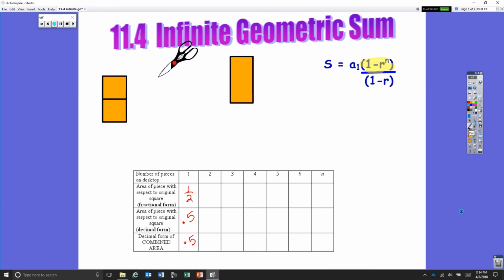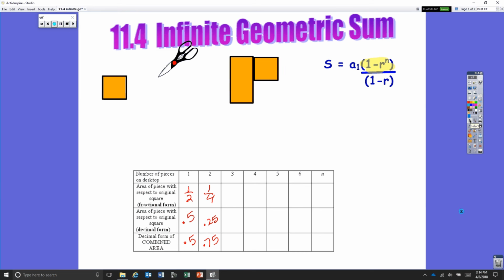So half of a half is a fourth, which is 0.25, and I'm going to place that 0.25 piece up here with the 0.5. So that means I now have 0.75 of my entire sheet of paper.